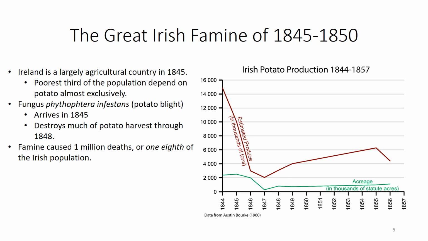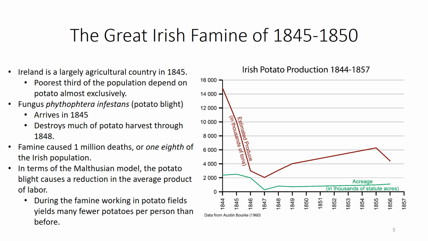So during the famine years of 1845 to 1850, almost 1 million people die. Or 1/8 of the entire population of Ireland, which is a huge death toll for a famine, much larger than most 20th century famines as a share of the population. Really an enormous catastrophe.